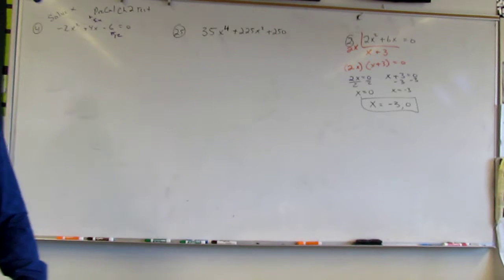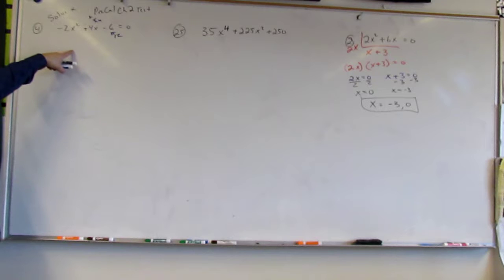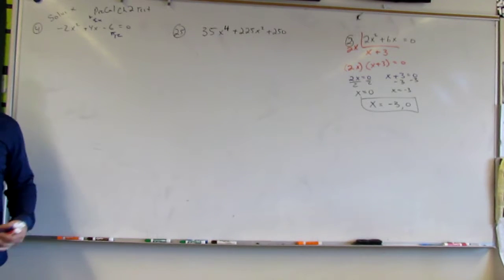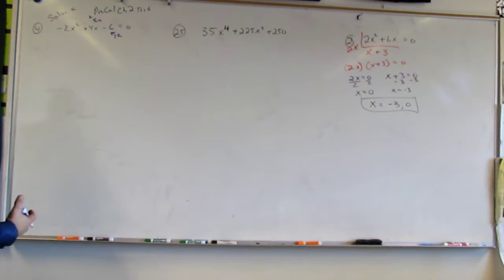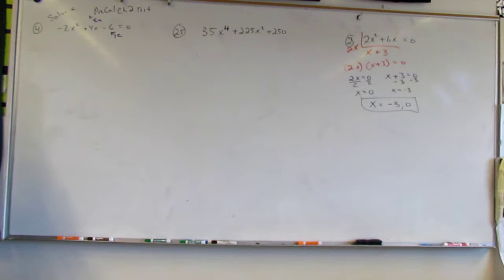No. Yeah, this is quadratic formula. I knew you had to use it, because this isn't factorable. We can't factor this. And that's what I'm trying to prove: sometimes you have to use the quadratic formula. You just have to. So in this case is one of them.